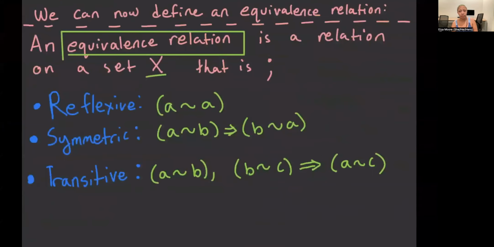Now that we've defined a relation, we can talk about an equivalence relation, which is a type of relation on a set that is reflexive, which means that A is always related to itself if A is a member of the set.